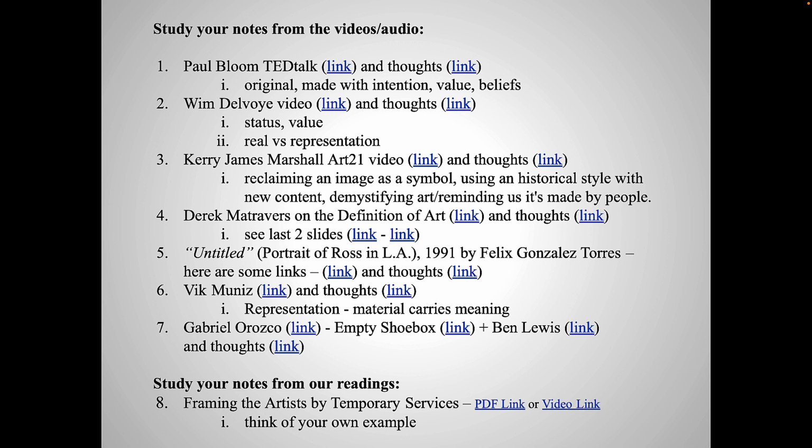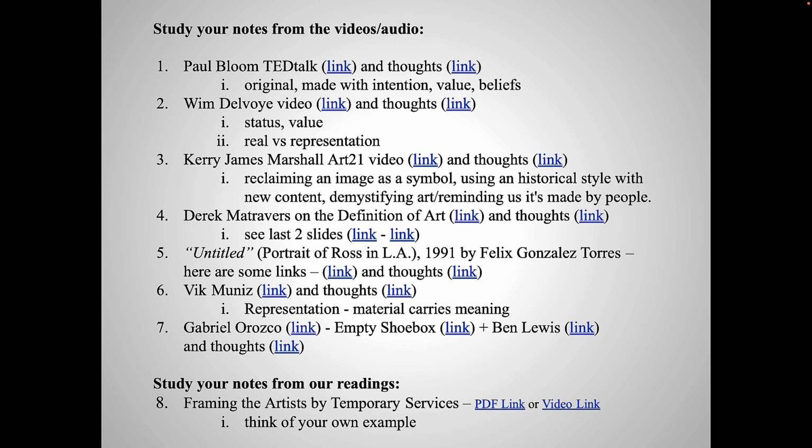So the other thing he does is he really talks about demystifying art and reminding us that art is made of people or made by people. They're not divine necessarily. It's just a medium, right? It's just material on a surface, creating that representation.